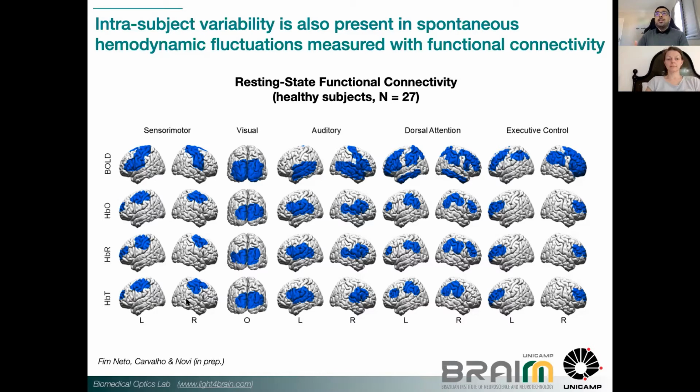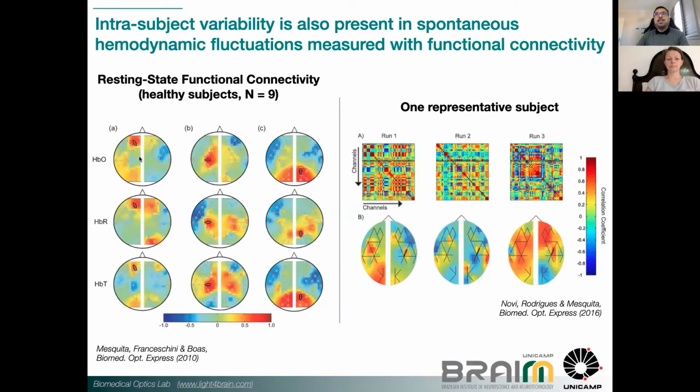So you can see, even in resting state, a group average response that is very robust, both in fNIRS and in fMRI. And that's something that we have seen in the past, over 10 years ago, with a very narrow subject cohort, you still see very robust trends for the group averages.